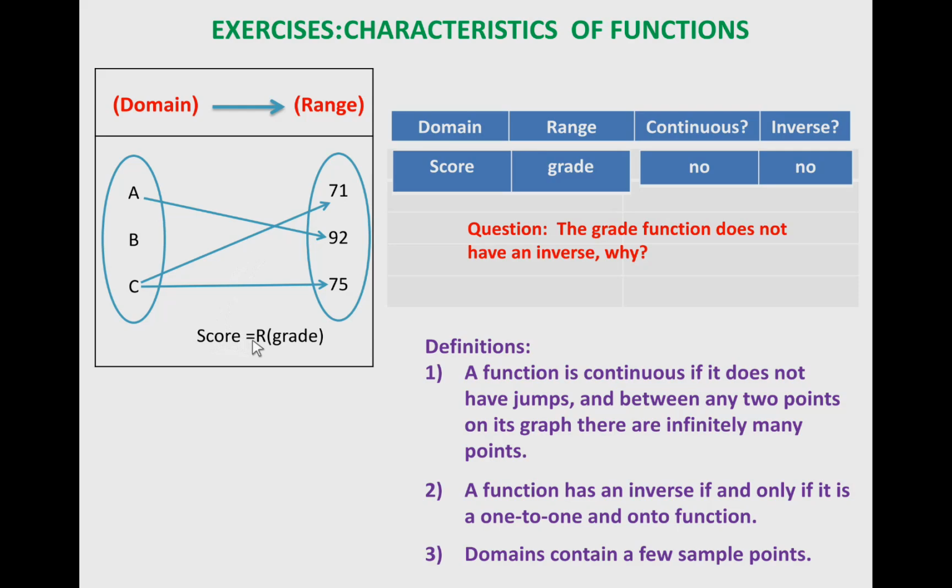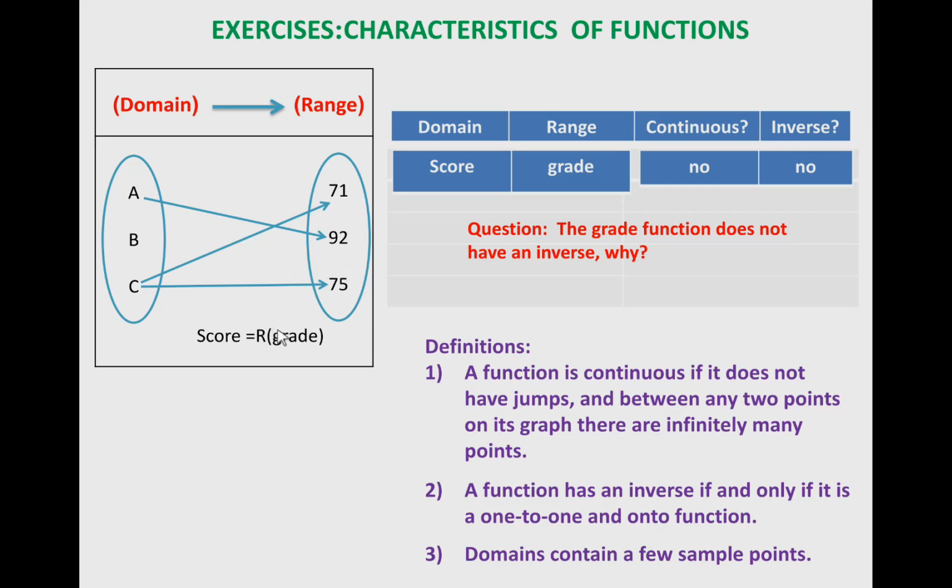So we could just name it a relationship. The score is a relationship on the grades, on the letter grades. So score is 71, 92, or 75.